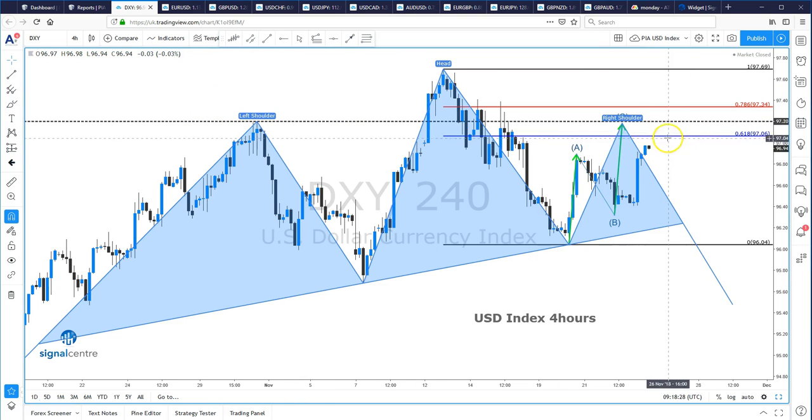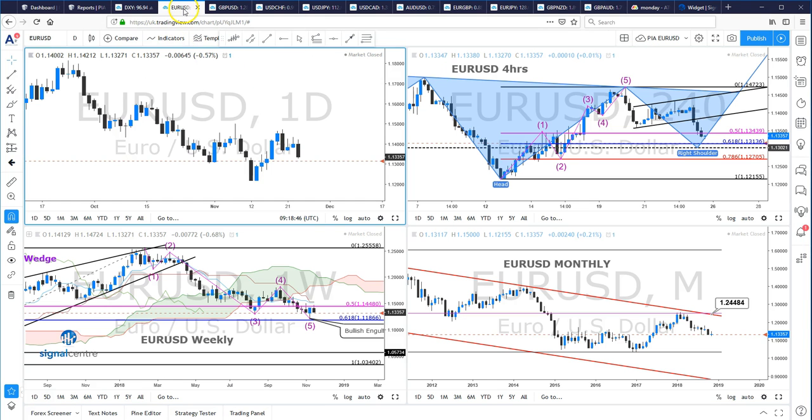It's also between the 61.8 and 78.6% pullback level. So we're looking for dollar gains to be limited at the beginning of next week, and we're going to reflect that bias back onto the dollar majors to show basically what we're looking at.